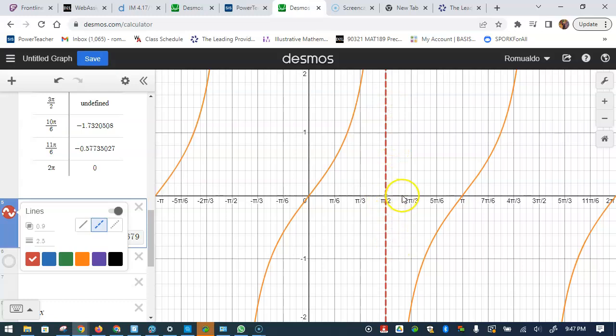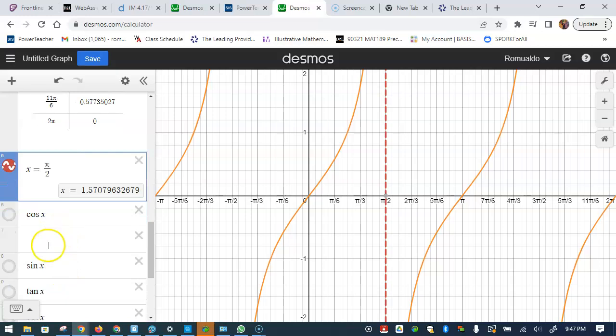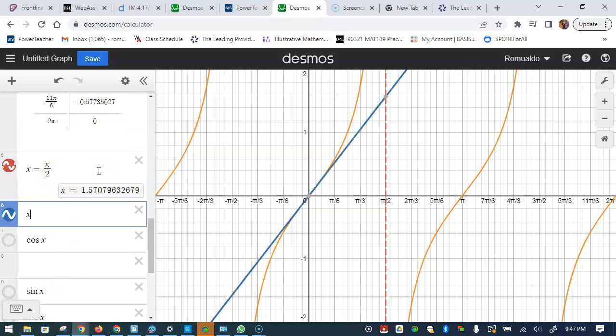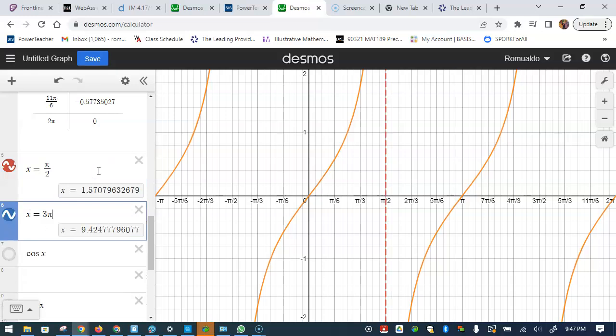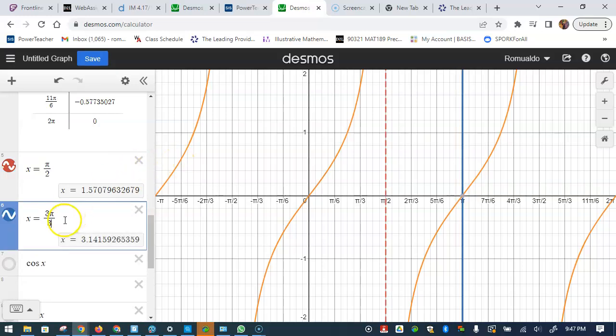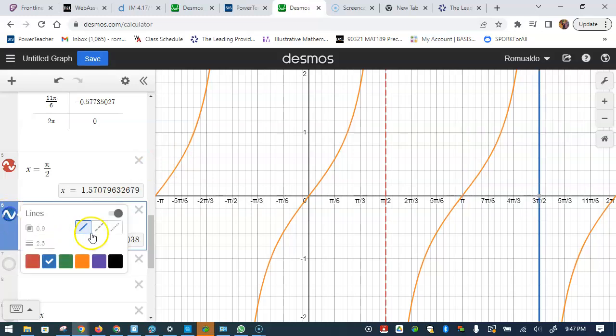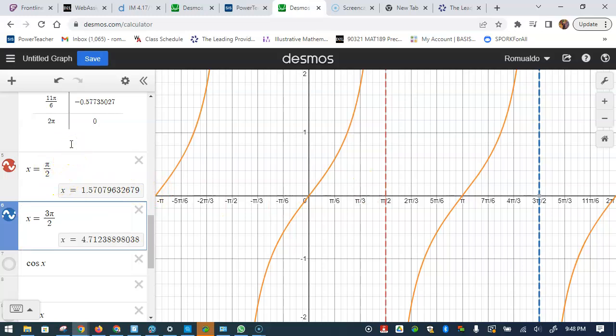so it cannot be defined. And not only that, it also happens at every odd multiple, so if this is 3, then I can say x equals 3 pi by 2. Okay, and you have pi by 2, sorry. So there you go. And I can also click here minus pi by 2.